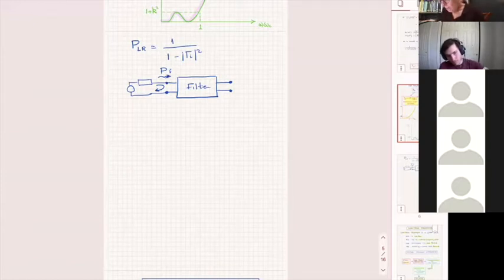And if my filter does not have losses, then practically everything can be, after the initial reflection, delivered to the load.